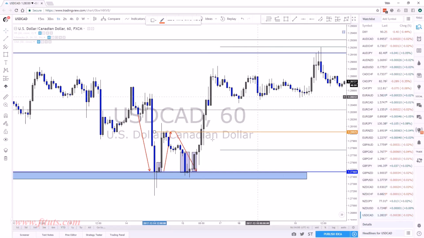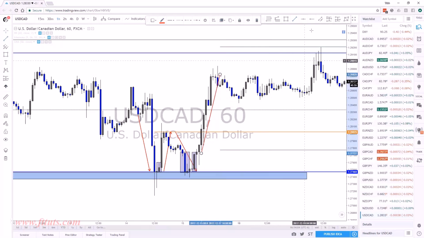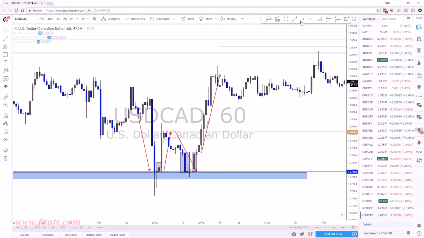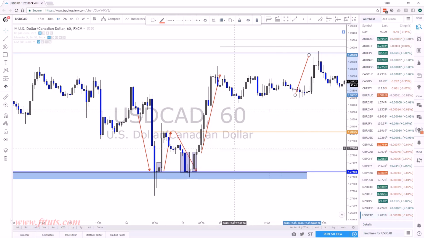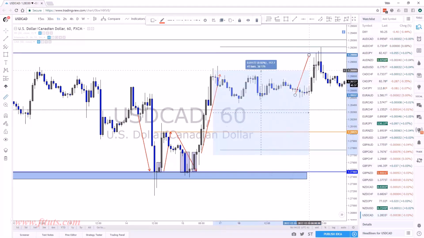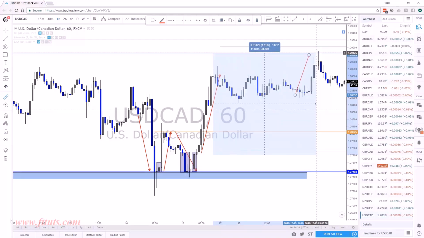From that point, price heads up to about this point, consolidates for a while, and then eventually hits this resistance level, this next zone above. So if you had followed the rules of entry and gotten in on this candle, then taking it up to the next zone would have been a nice 142 pip trade.